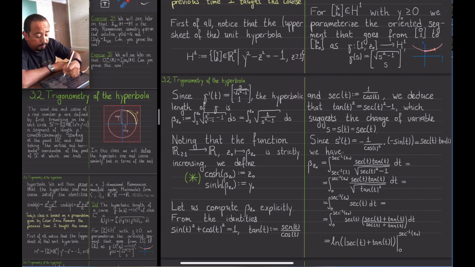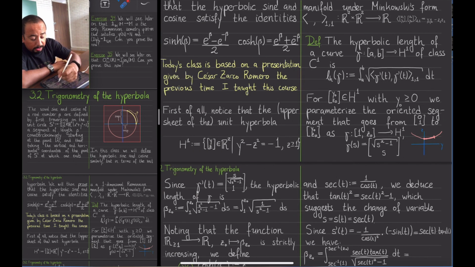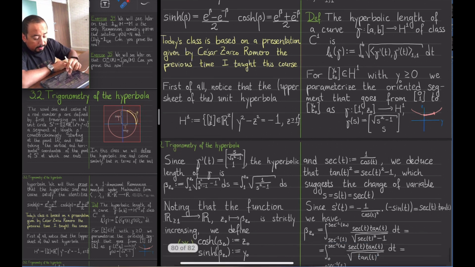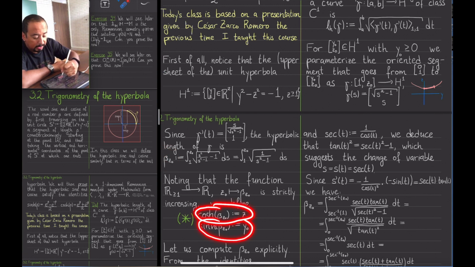Okay, so we define the hyperbolic cosine of this number to be z0, and the hyperbolic sine of this number to be y0, right? I mean, it's just like in the Euclidean case, one takes this is beta, and then the sine and the cosine of this number are the coordinates. So you see, we take this length, and the hyperbolic cosine and sine are the coordinates, right?